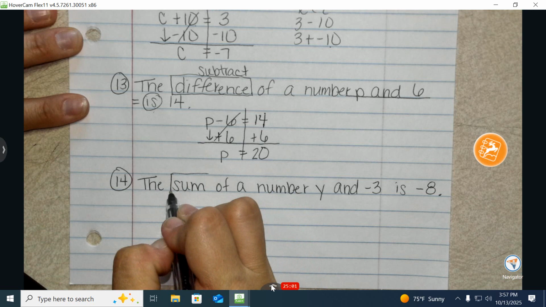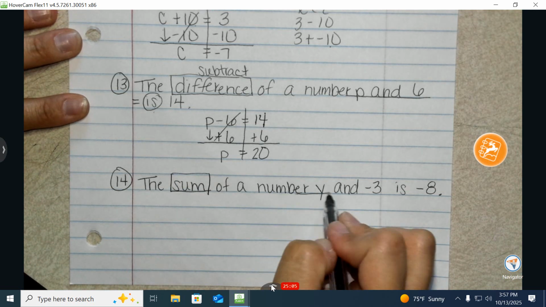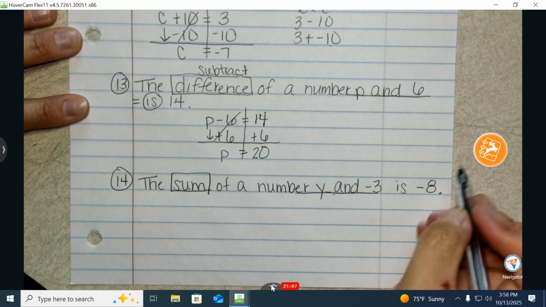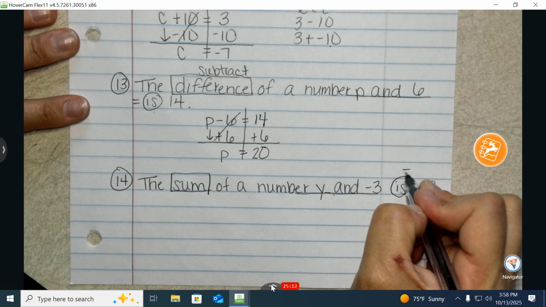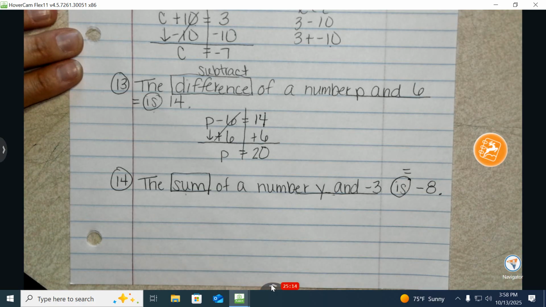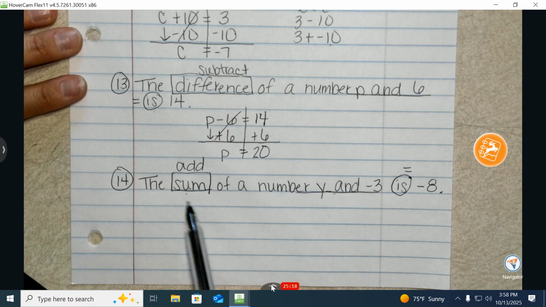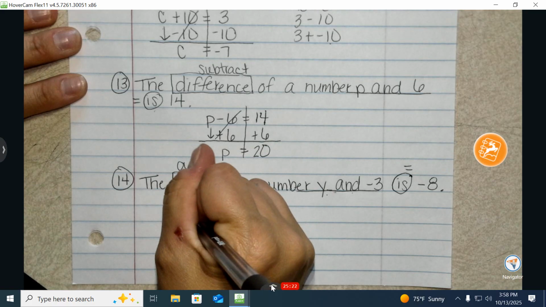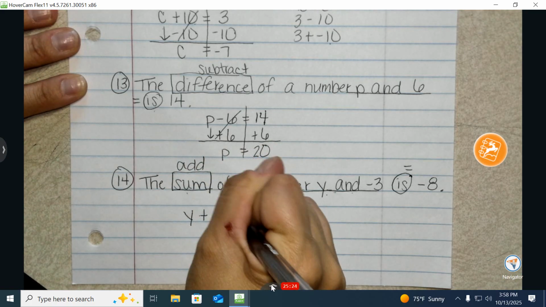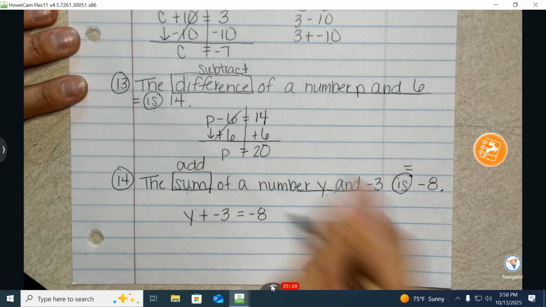Okay, the word sum is important. Is means equals. Sum tells you that you need to add. So the sum of a number y and negative 3, so it is y plus negative 3 equals negative 8.